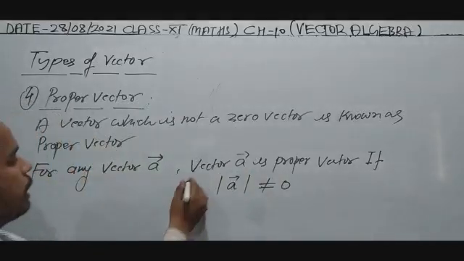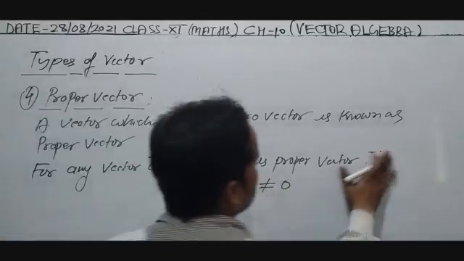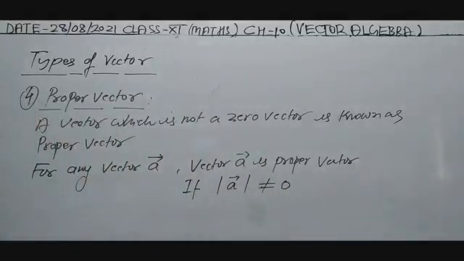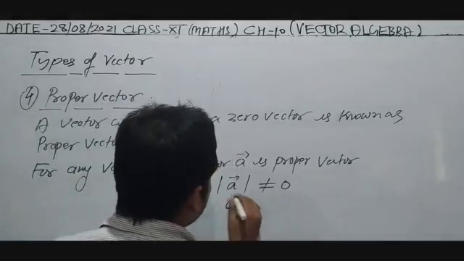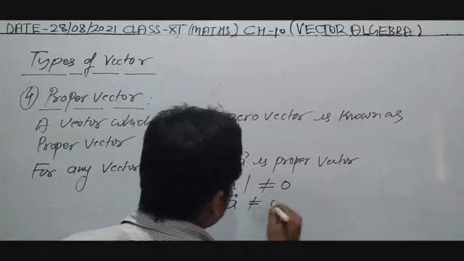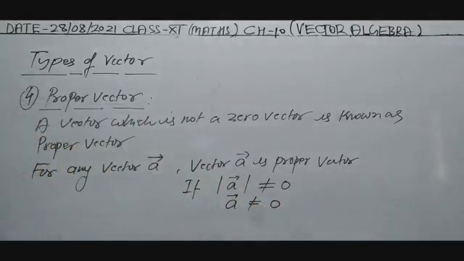This is the condition for proper vector. Or you can write also modulus of A is not equal to 0, which implies vector A is also not equal to 0. Now this is completed.